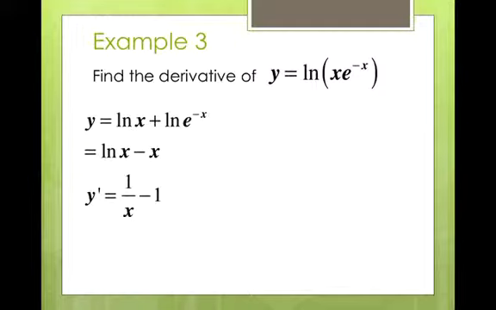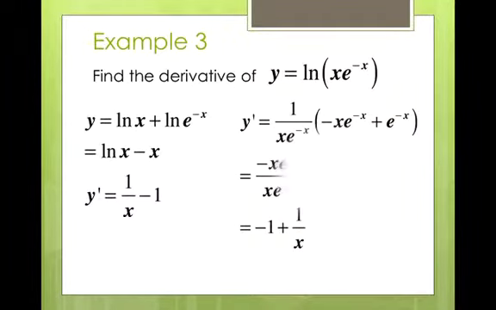What would have happened if you didn't see this shorter, simpler way of doing it and you went ahead and used the product rule? Well, it gets much messier, but you should arrive at the same answer. So here we go. We do 1 over the function that's given, and then we multiply times the derivative of this function.